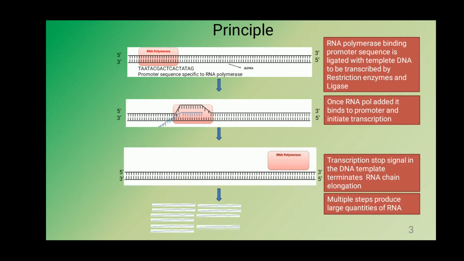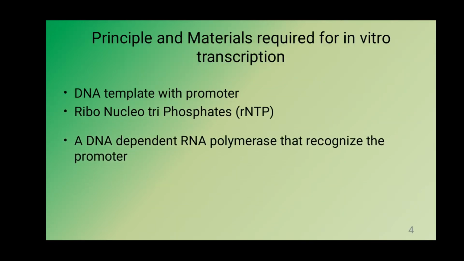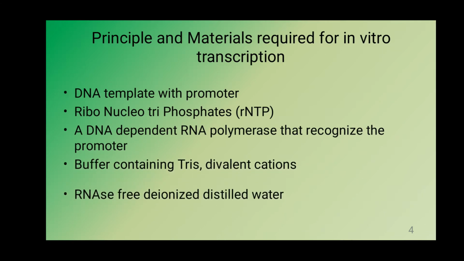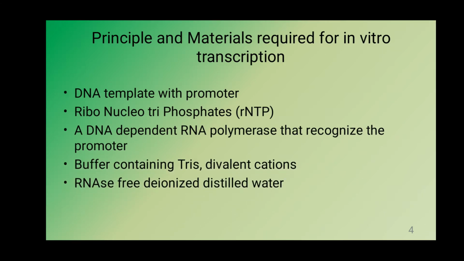Likewise, several copies of mRNA molecules are repeatedly produced over time. Now we will see the principles and methods required for in vitro transcription. To perform in vitro transcription, a DNA template with a promoter is required, and ribonucleotide triphosphates, called rNTPs, are supplied inside the tube, along with a DNA-dependent RNA polymerase that recognizes the promoter.